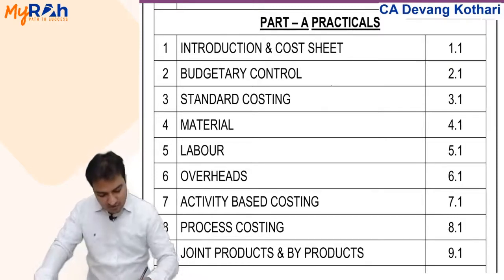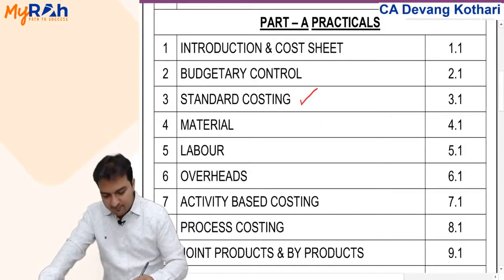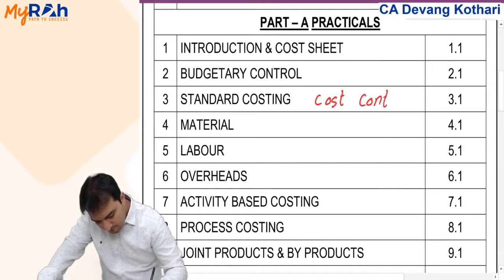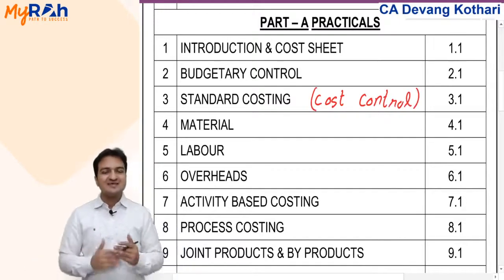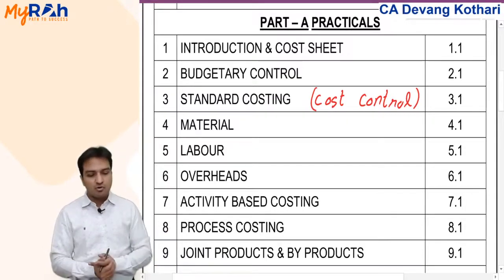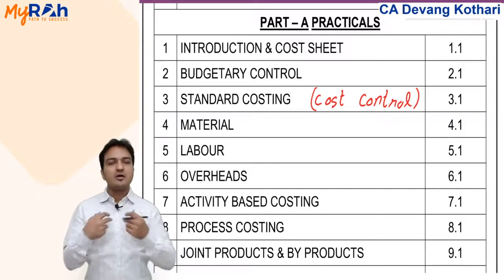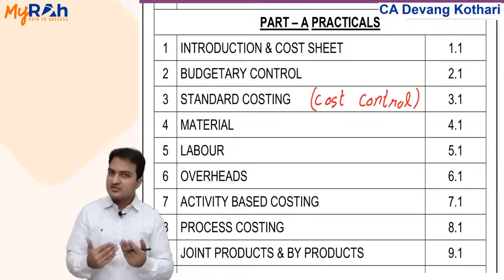Meaning, standard costing is the chapter where we will do cost control. Standard costing is the chapter where we will be learning about cost control, where we will compare actual cost with the estimate, find the difference, and find the reasons for that difference.